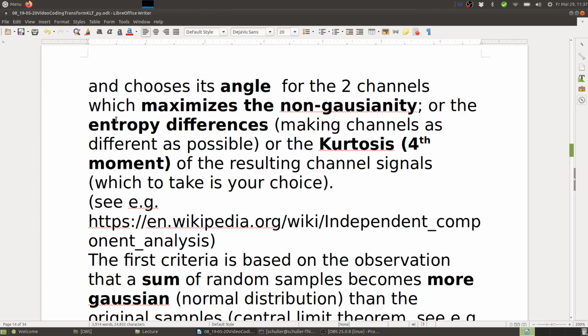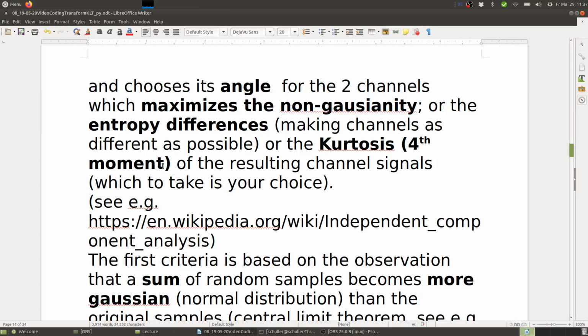Another way of expressing this is that we want to take the entropies of the two and maximize the entropy differences between the two. Or we want to take a look at the probability distribution, and instead of considering the non-Gaussianity explicitly, we look at the kurtosis.